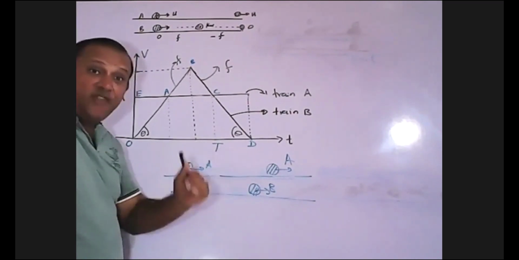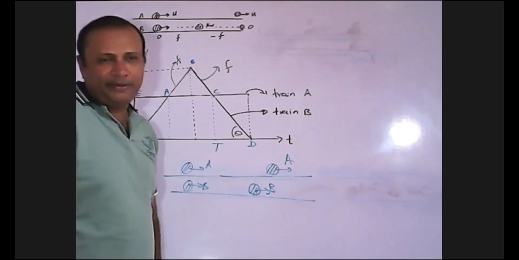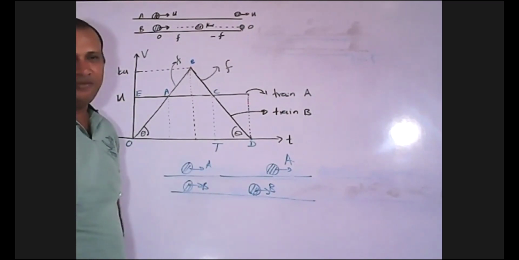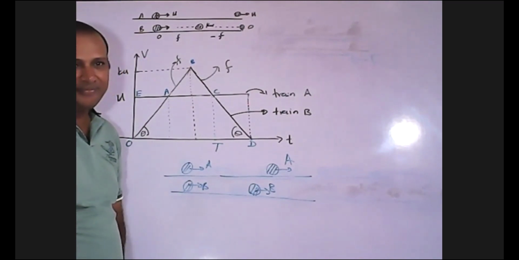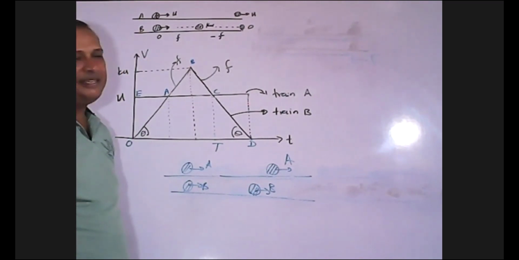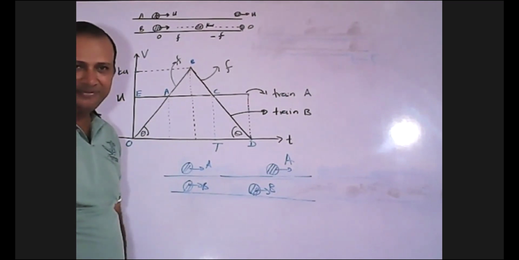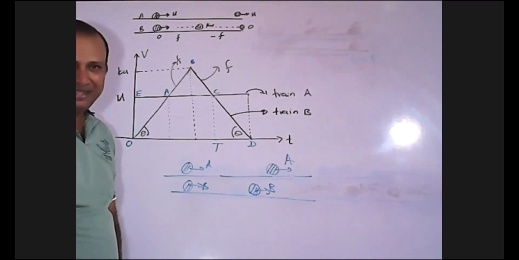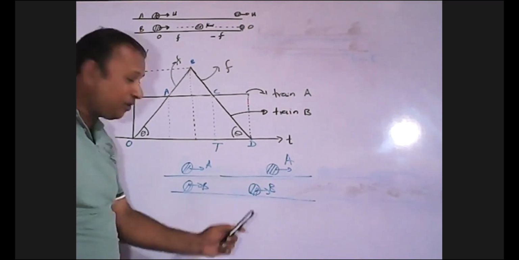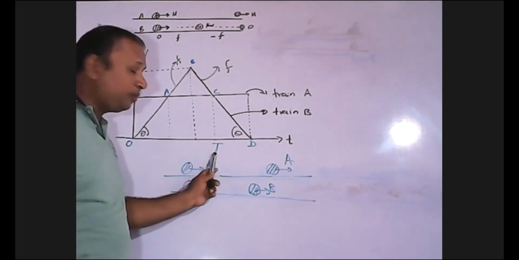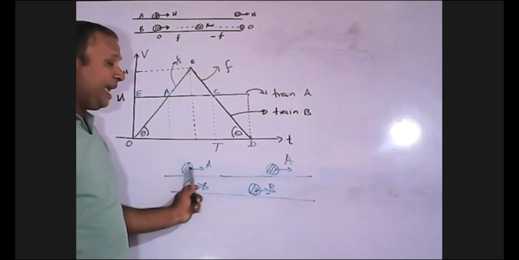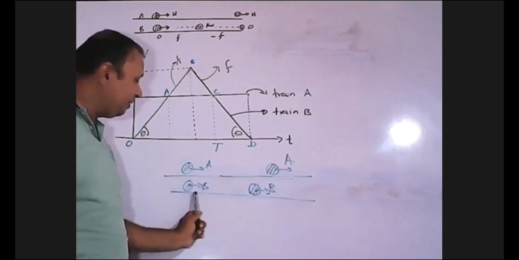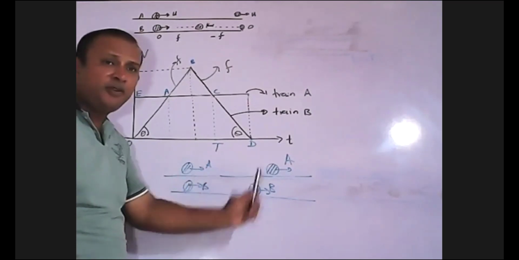If so, what will happen? Mark it. Yes, very good. We can never pass A, because when it comes to capital T, A has displaced more than B.